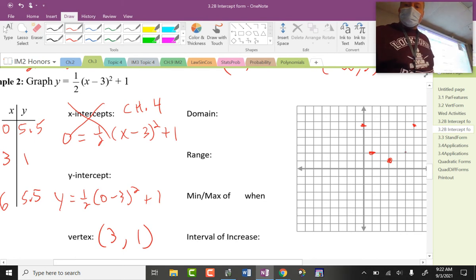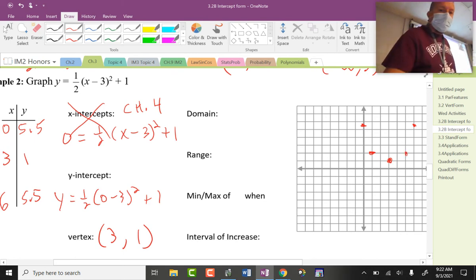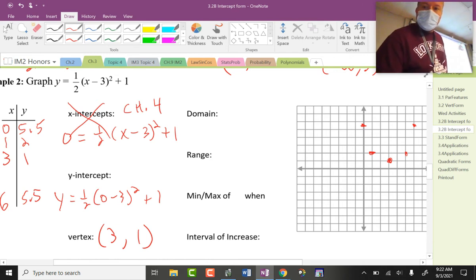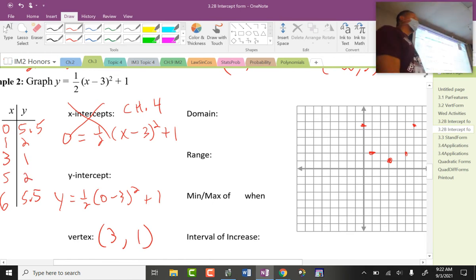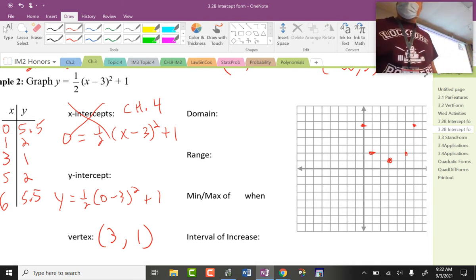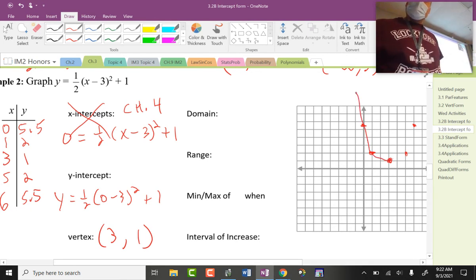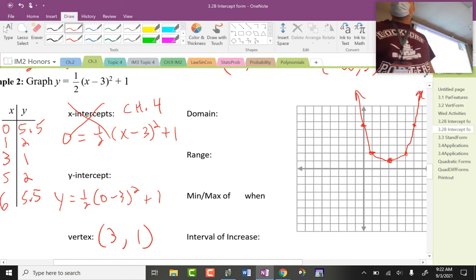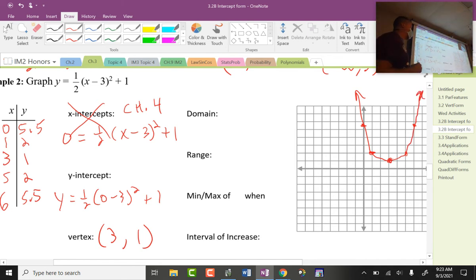Rise 1 and run 2, I guarantee you would get that. So you really don't even have to evaluate. You can use symmetry, and then you can use the next set of points, that A in front. And then we could go like that. And then this one is shrunk by a factor of 1/2. You can see that it's pulled a little bit wider.